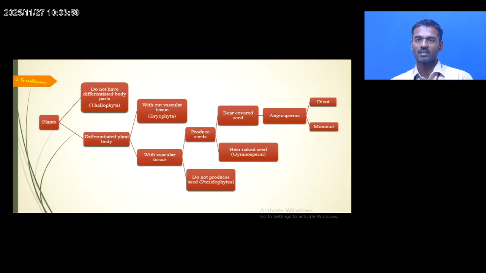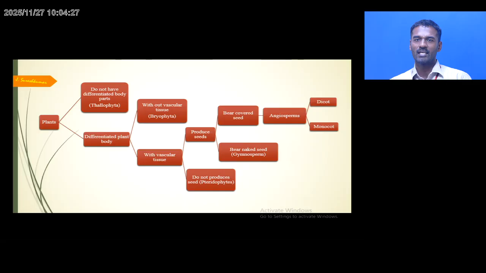These are further divided into two groups: those having seeds and those not having seeds. The seed-producing groups are gymnosperms and angiosperms, which are the final categories. Seeds are used in reproduction to form the next generation.